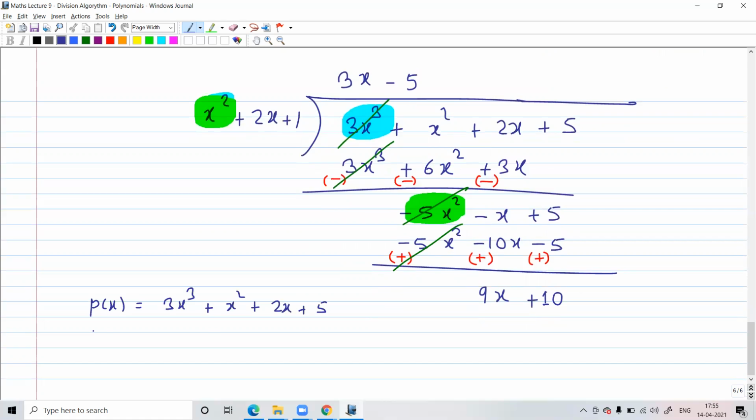Sir, can we not divide the 9x plus 10 any more? See, if we want to divide it, let's say if I try that. Okay, good. So what can you multiply to x squared so that it will become 9x?